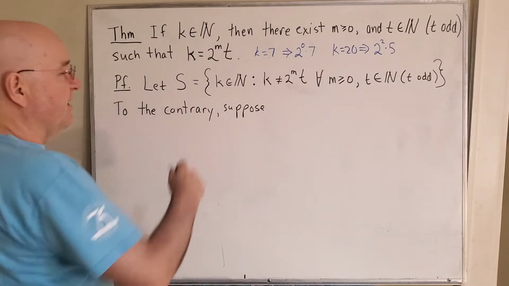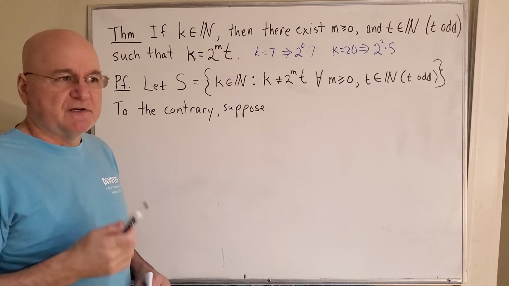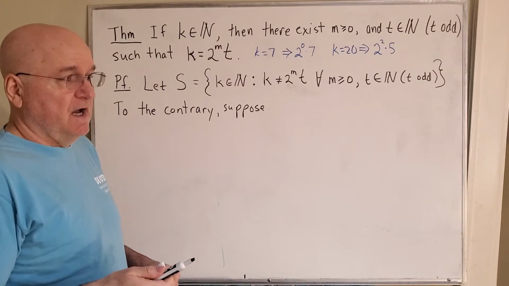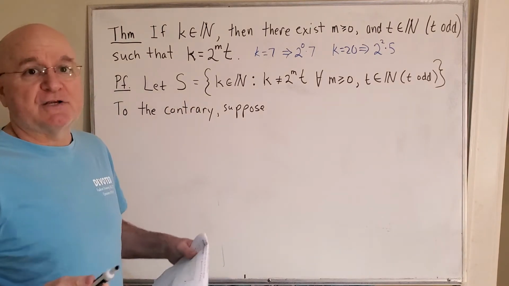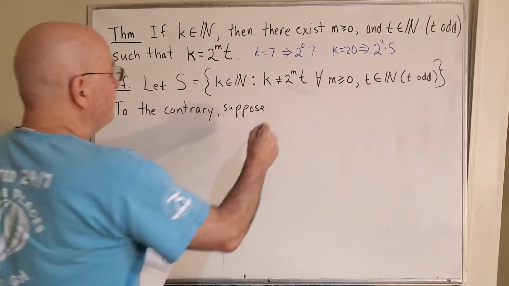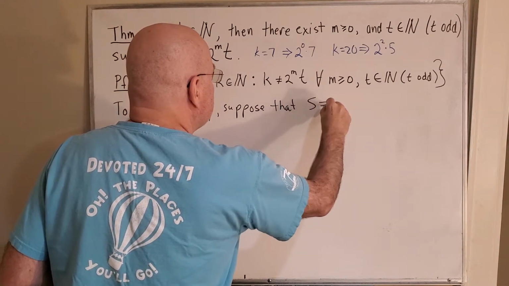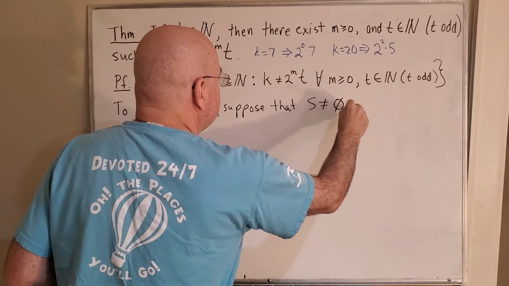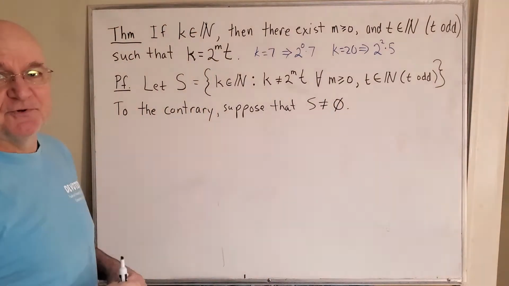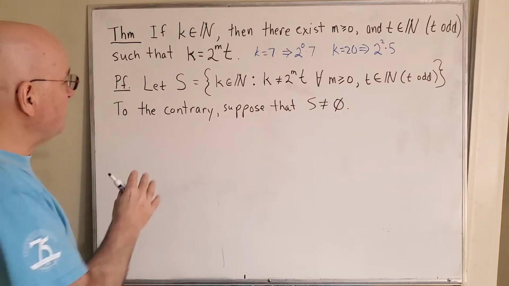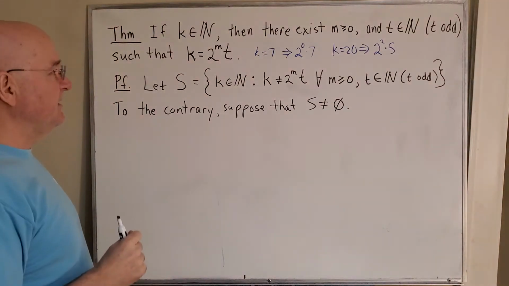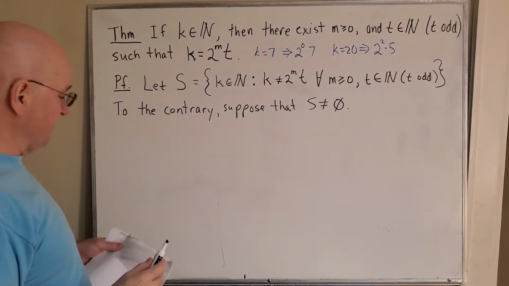And so, to the contrary, what am I going to suppose? To the contrary, I'm going to suppose that there are actually numbers in S. I'm going to suppose that S is not the empty set. I know it is because that's what we're trying to prove. But to the contrary, let's just suppose that it's not, and we'll reach a contradiction.